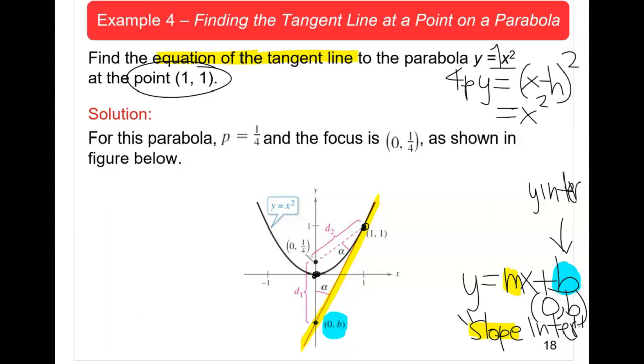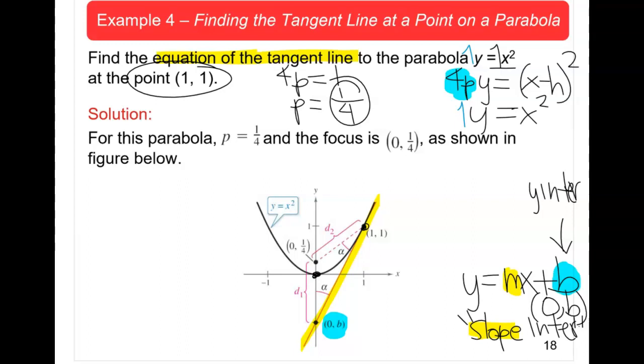And then here, instead of 4p, the coefficient of y happens to also be a 1. So it is 1 and then y. So for that reason, we have that 4p is equal to 1, and therefore p is equal to 1 over 4. So that is very significant because with that, we will know the focus of the parabola.